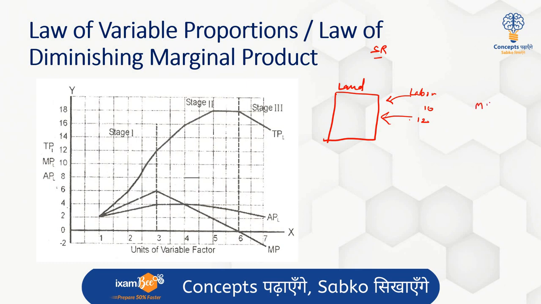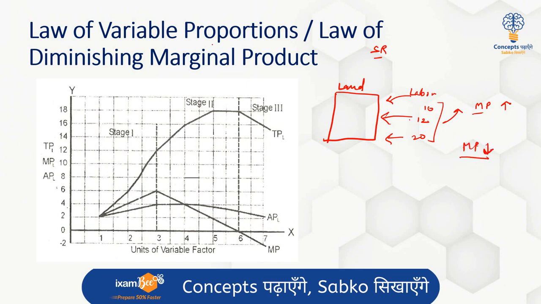But after a point when this particular land becomes very crowded, let's say after 10 units of labor employment, the marginal product from this piece of land starts to fall.